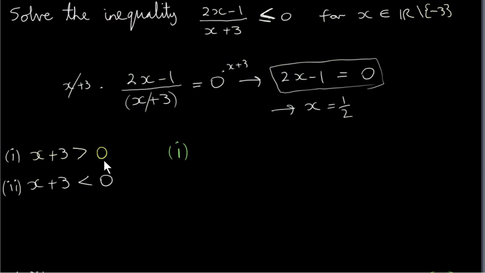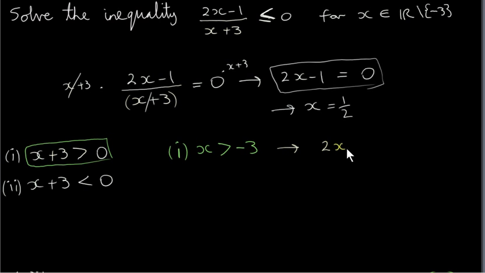So let's start by taking case 1, where x plus 3 is positive. Now, if x plus 3 is positive, it means that x is greater than minus 3. We just rearrange this inequality. We multiply our original inequality by x plus 3 to get rid of this denominator.